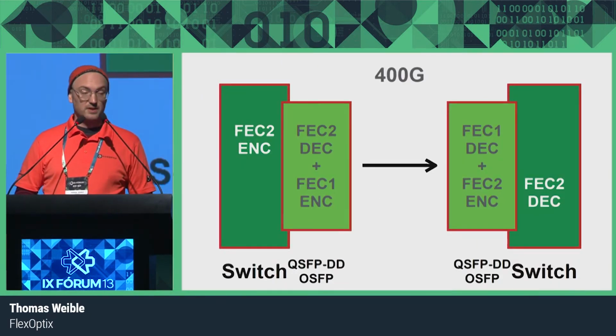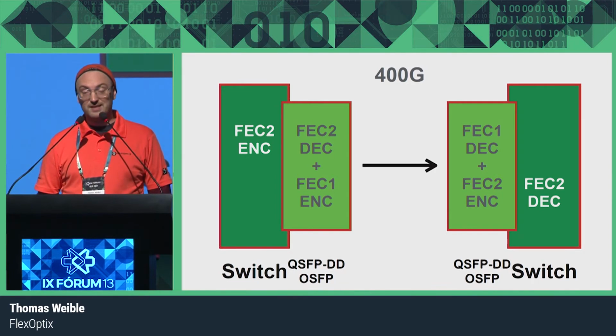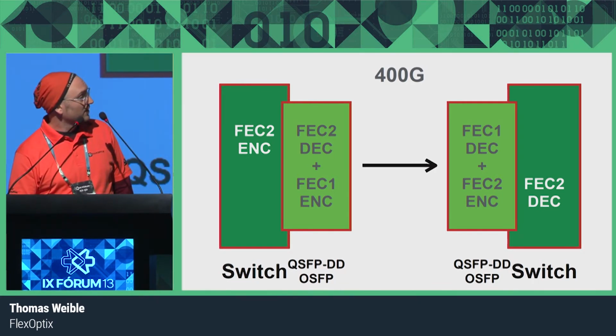In 400 gigabit, it looks quite different, and it's getting more complex. We still have the forward error correction on the switch, but now this is actually FEC 2. It does the encoding, and now on the transceiver we also have a forward error correction. That's the one inside the DSP, and it does the decoding.